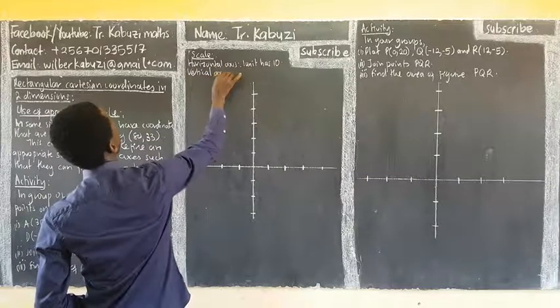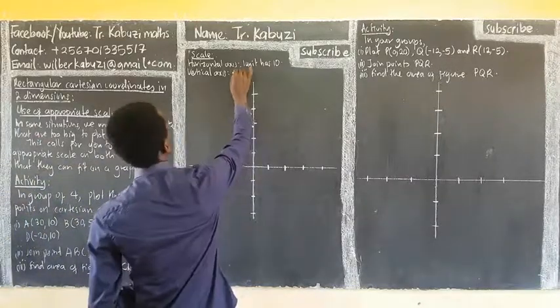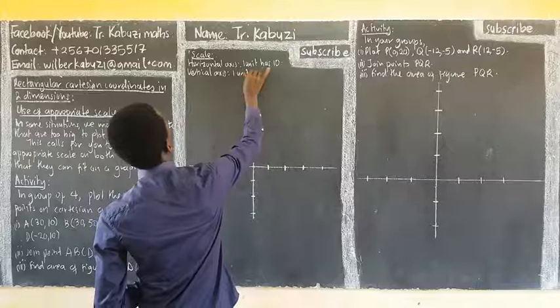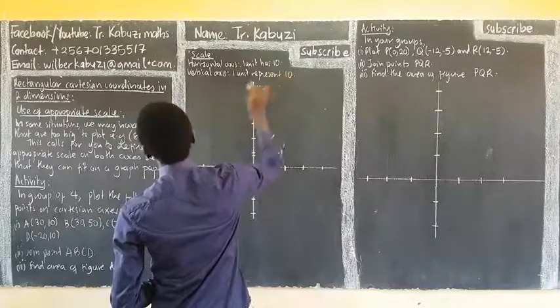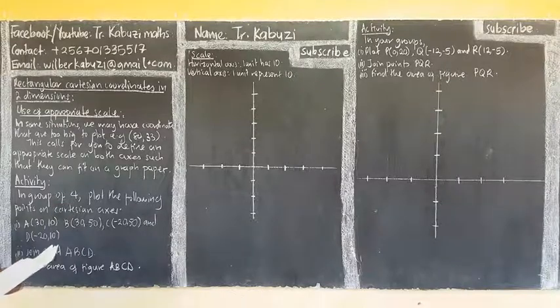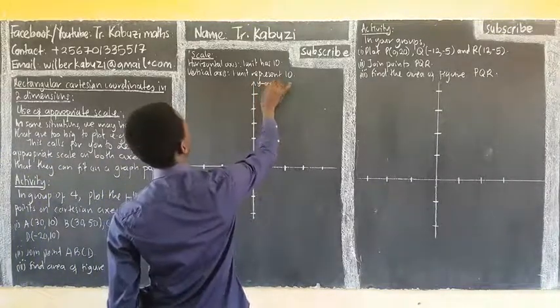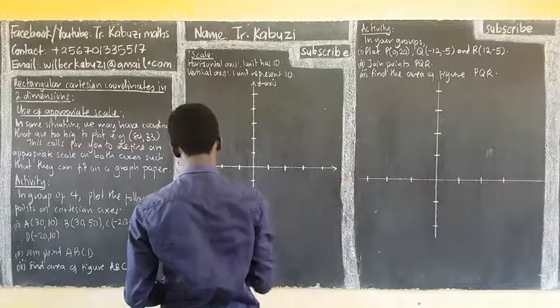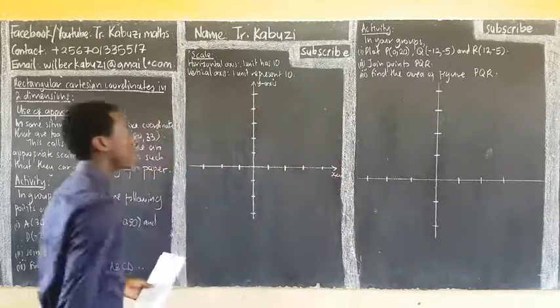Then vertical axis. They are having 1 centimeter. So there we say we are going to use 1 unit represents 10. Because these ones are not centimeters, we just say has 10 or represents 10. So now here they have this as y axis, then this as x-axis, or you can call it the vertical or the horizontal.